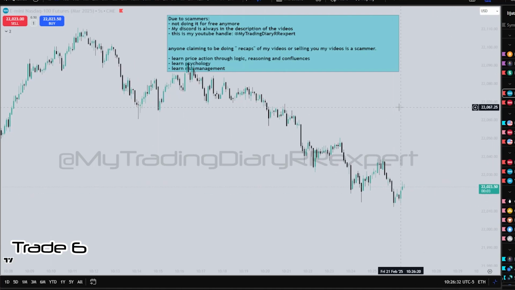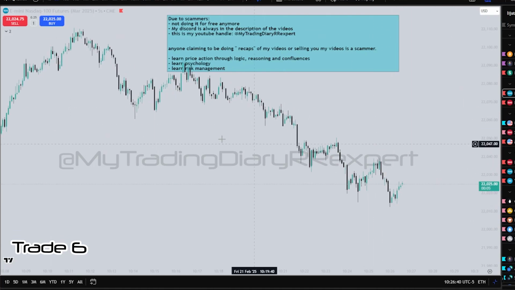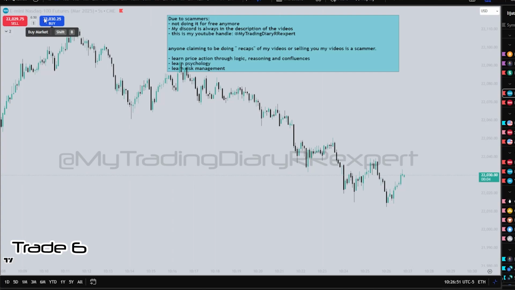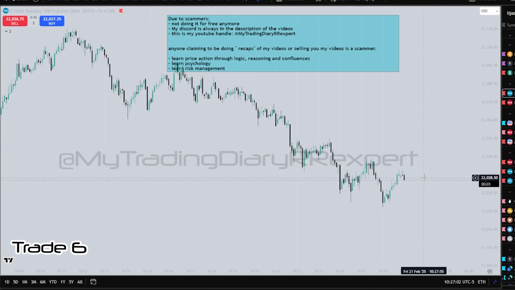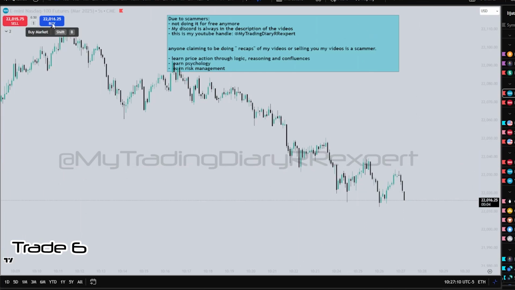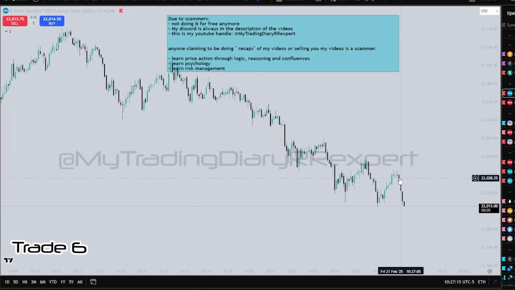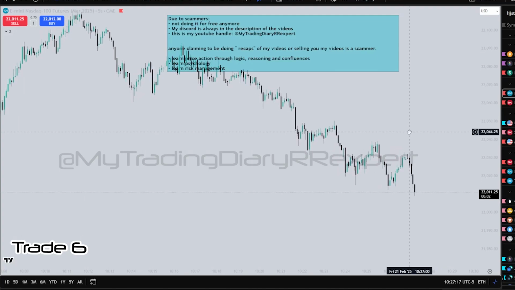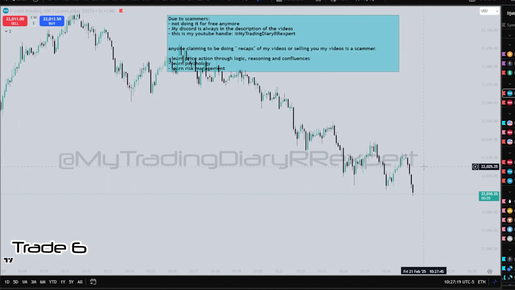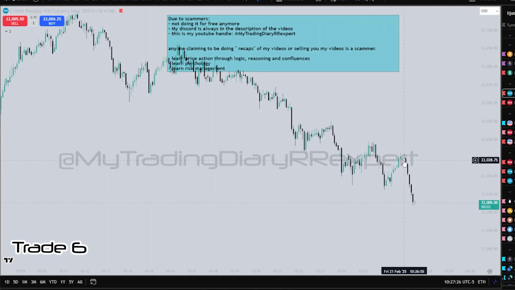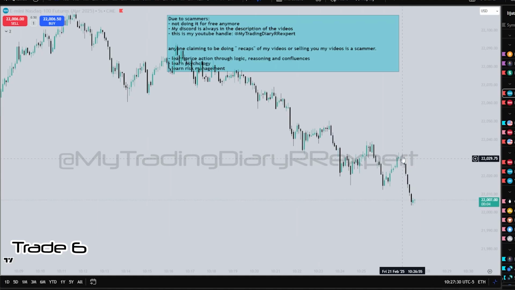Let's see if we can do one more trade. Maybe it wants to reject one more time here. No, it doesn't. So again, you see, this is what I'm thinking. I'm thinking I'm going to go long, but then it does this, and I'm saying no. And I wanted to go short here, but when it gives 3 candles like this, it might seem like it wants to consolidate, but then it just goes down.